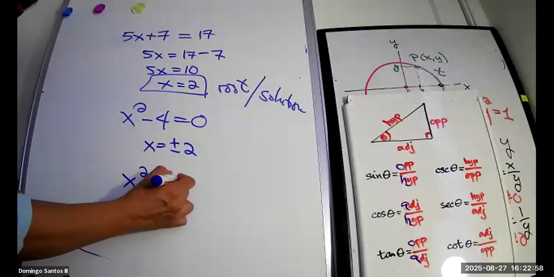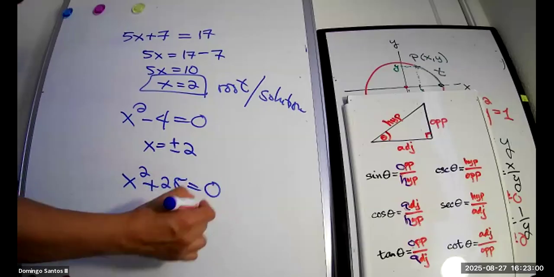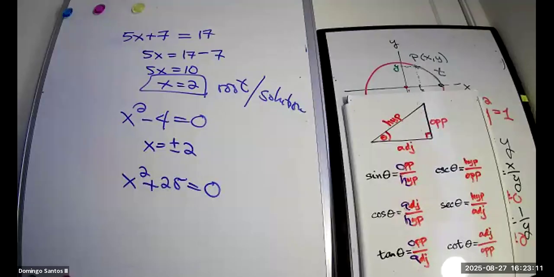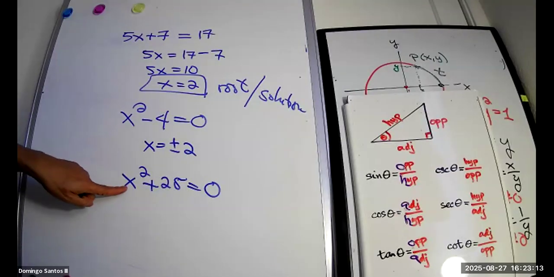Now, what's the solution for this, Jaskaran? Would that be plus or minus 5? Are you sure? Okay, if we put 5, Jaskaran, what's 5 squared? 25?